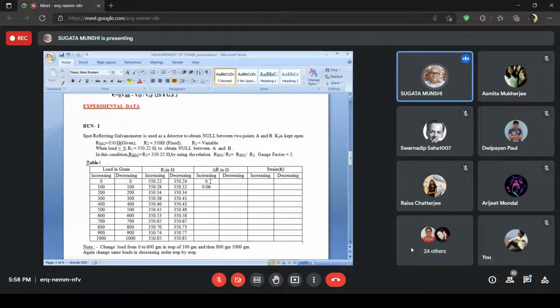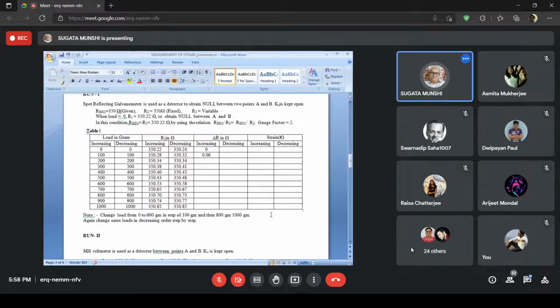Then for each such delta R value, you compute the strain using the expression delta R by R divided by gauge factor is mechanical strain. So you complete this table and you draw the two strain versus load plots, for increasing load and decreasing load.